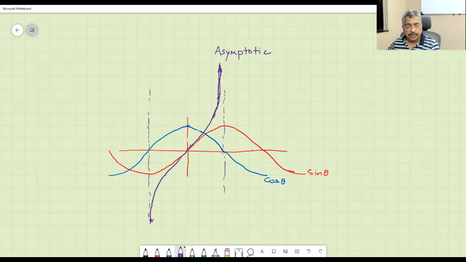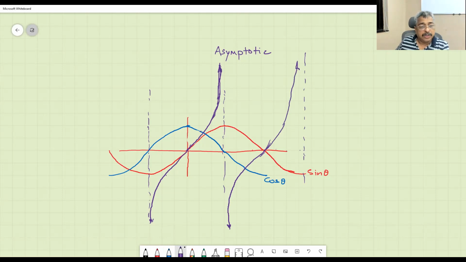Okay, asymptotic, and then again you will have another branch like this. 1, 2, 3, dotted here at 3 pi by 2. This is how it is going to be, tan theta.